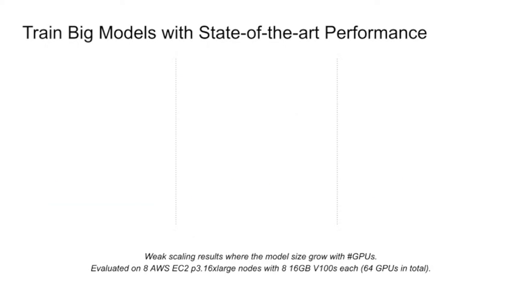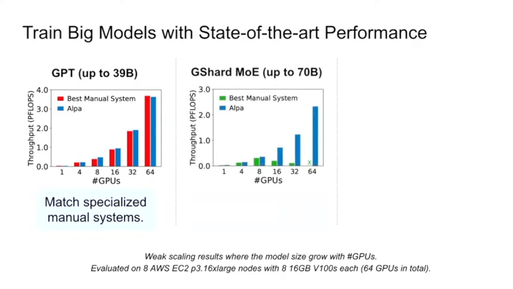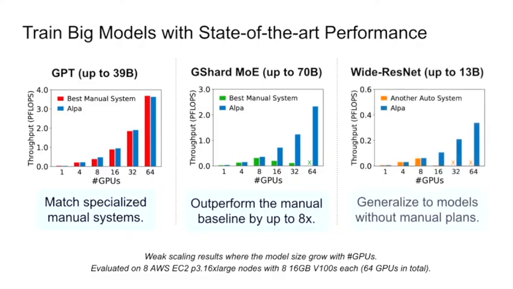In training, people care a lot about performance, and people like to compare systems in terms of training performance. We actually compared Alpa with previous best systems in many different setups and models, and Alpa can guarantee good performance compared to these existing systems. For example, in the first figure, you can see on the GPT-3 model with up to 93 billion parameters, Alpa can match the best specialized systems.